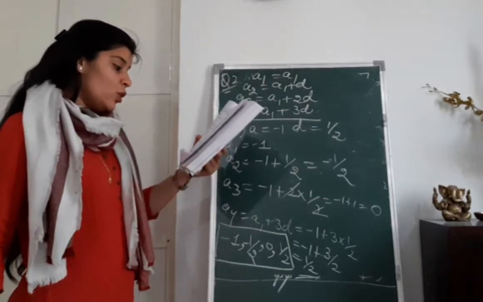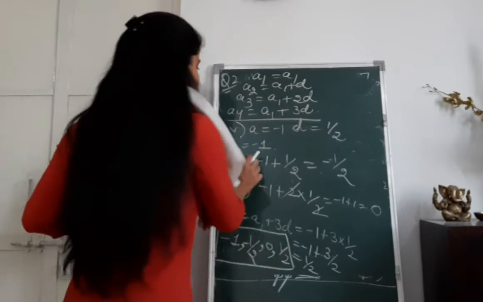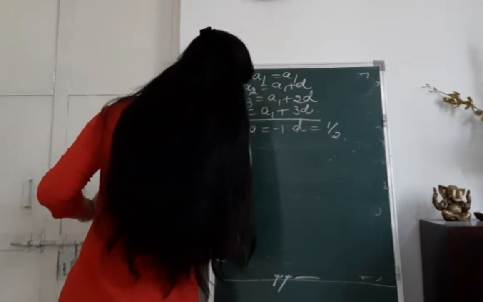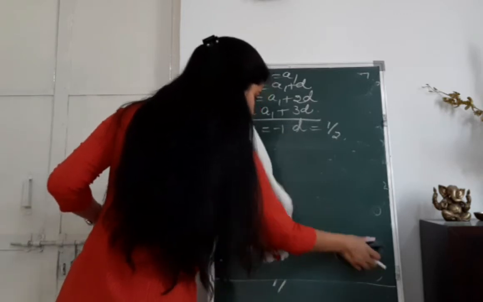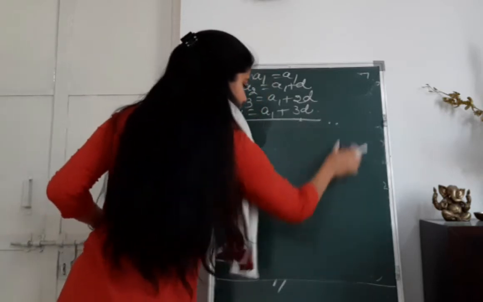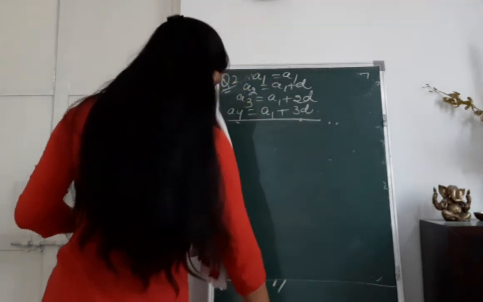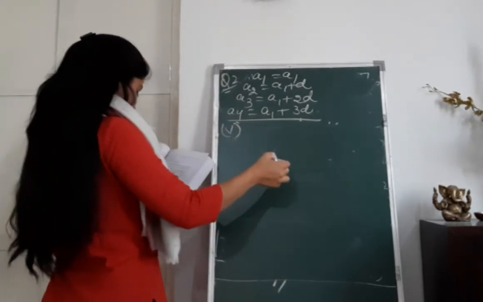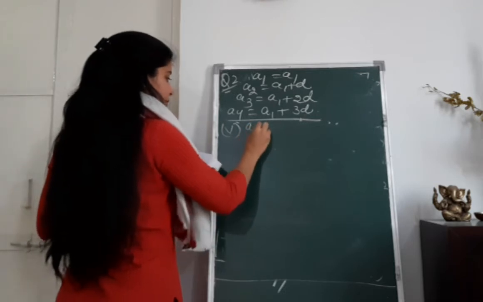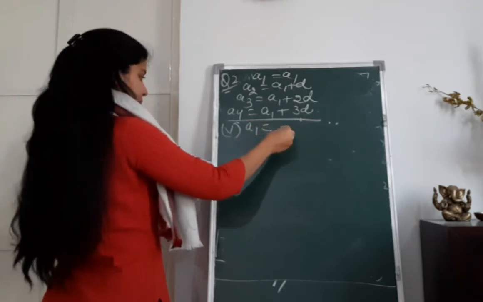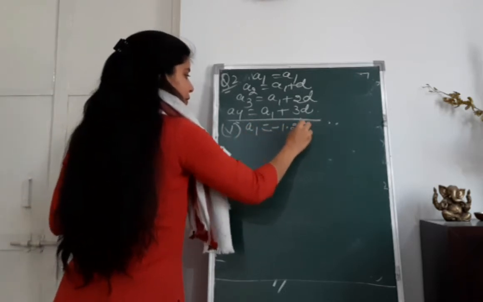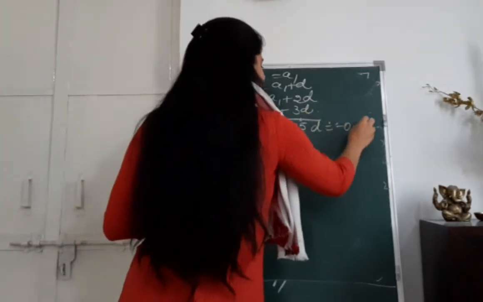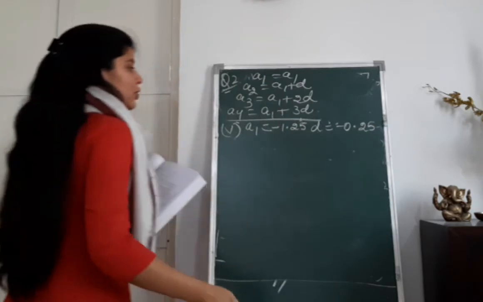Now let's move to the fifth part. A1 is minus 1.25 and D is minus 0.25.